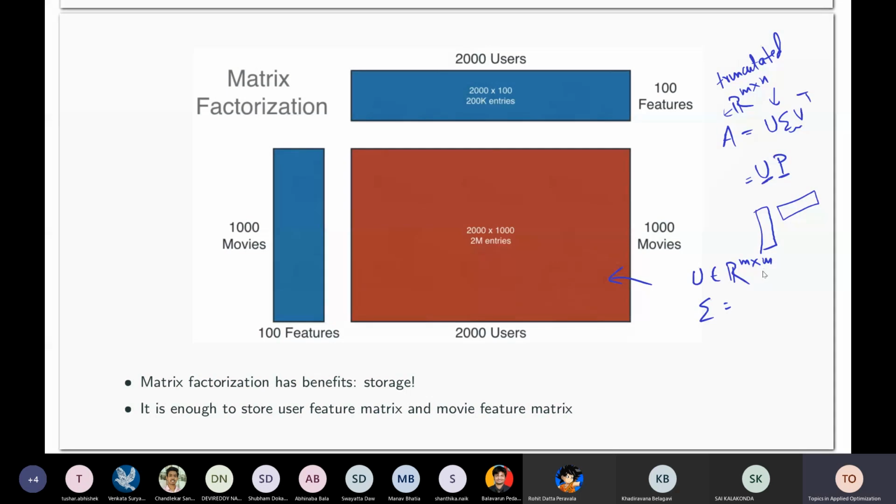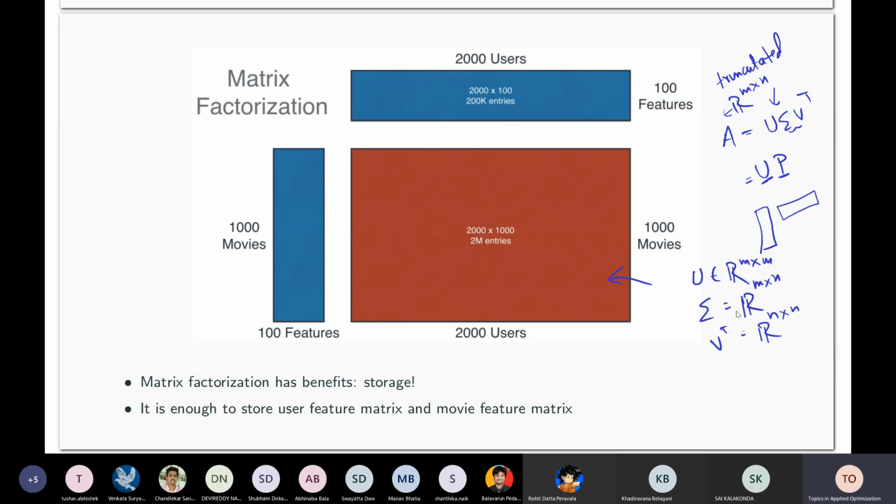Sigma will be M by N, and then V transpose will be N by N, because they are orthogonal and so on.